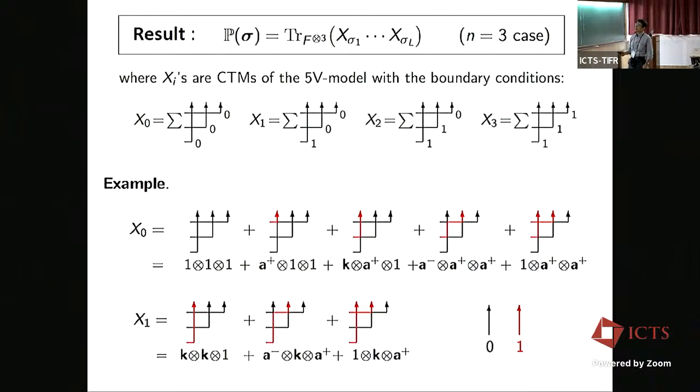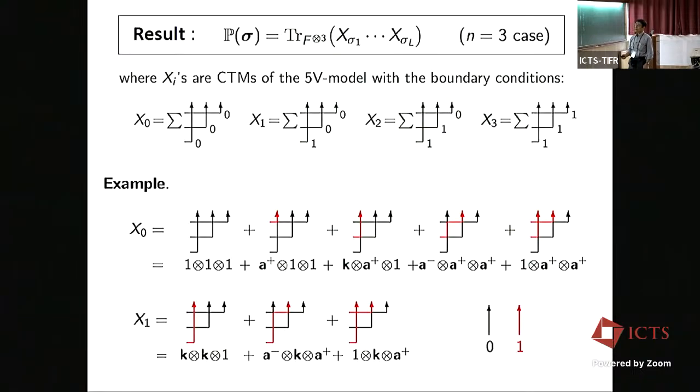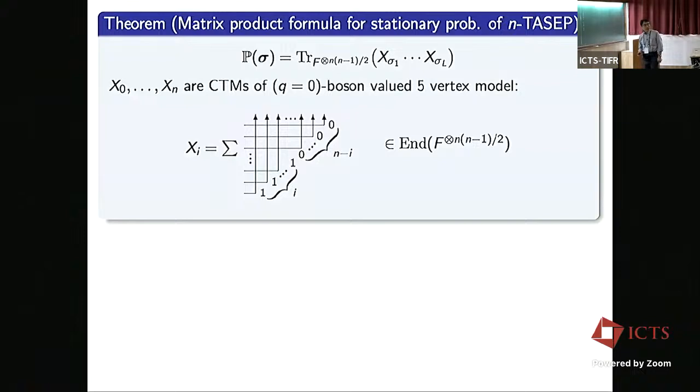And depending on these configurations, you substitute this rule. And since we have 3 vertices, that means it's an operator acting on the tensor cube of the boson space F. And I employ some specific ordering of the tensor product. Probably this is the first component, A1 plus here, and this is the second component here, and so on. Anyway, by such reasoning, one can prove the following theorem.